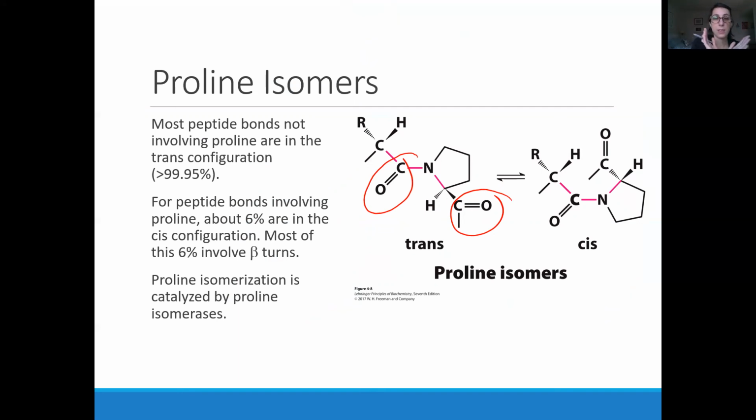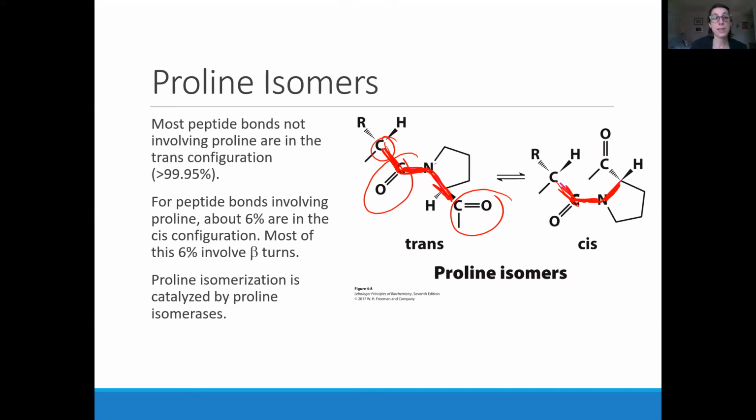And because proline is a fixed structure, you can have this bond running through the carbon of the previous amino acid down to the carbonyl off of the actual proline in a trans form. So again, this is where the peptide bond takes on this shape, or a cis form. So here is the shape, the same side versus the opposite side, trans being opposite side, cis being same side.